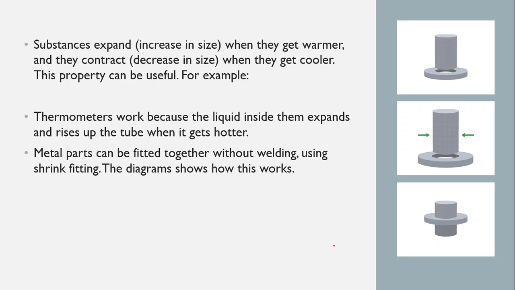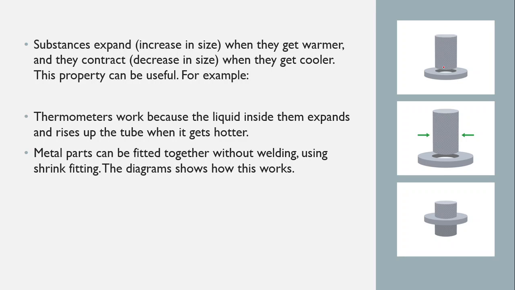Okay, so similarly, this is another example, and we have some diagrams over here. This ring-like shape is basically called a washer, and this is a rod. So what happens is that initially, when they're machined, these parts are formed, and you can't really assemble them together.